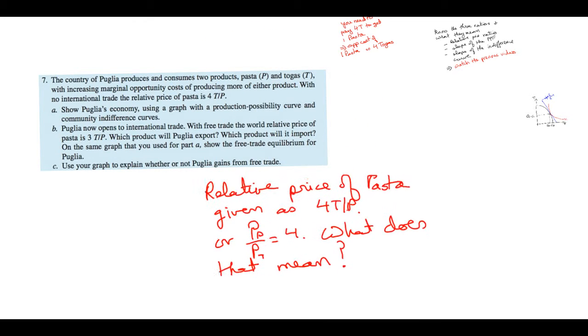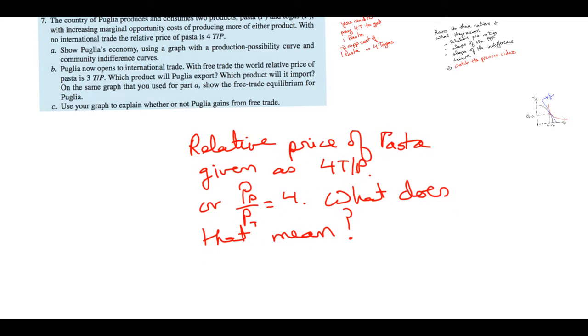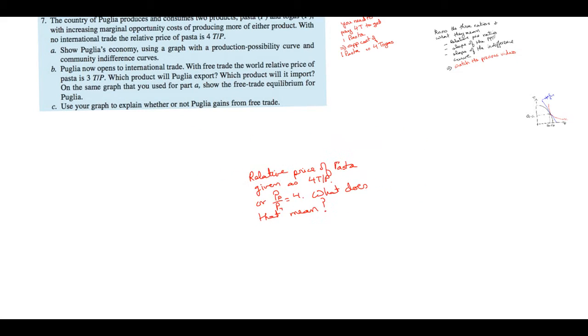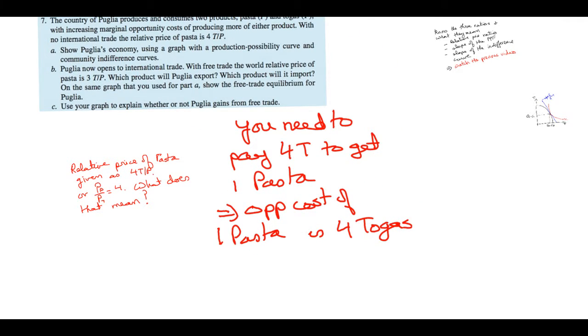If we look at the ratio given to us, this implies that the value of one pasta equals 4 togas. So this is telling us that the relative price of pasta in terms of toga, or PP over PT, is 4. The meaning of this is that you need to pay 4 togas to get one pasta.